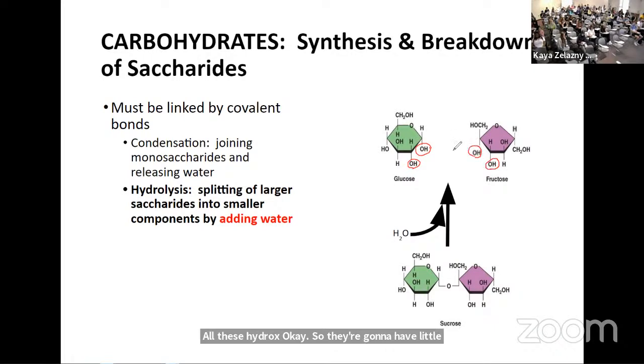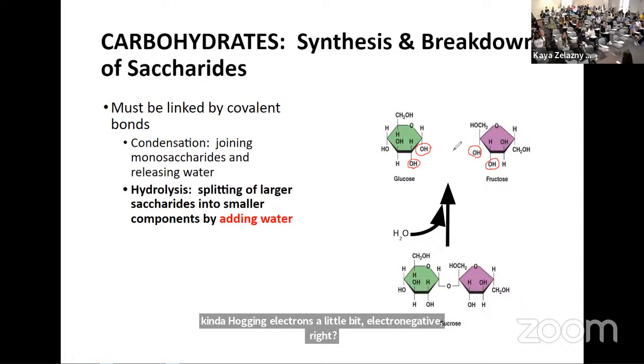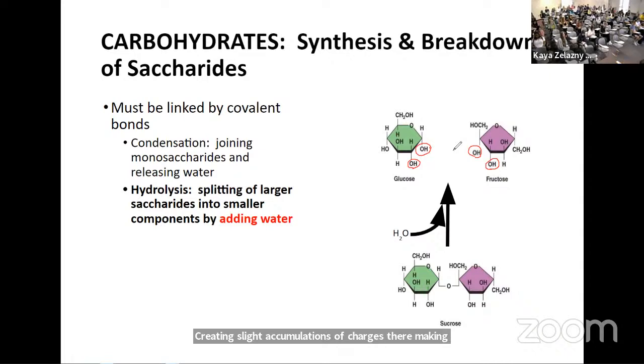I think of oxygen as just hogging electrons a little bit. It's electronegative, right? Creating slight accumulations of charges there, making these functional groups slightly polar, which is going to affect how they interact with the watery environment inside and outside our cells, our intracellular and extracellular environments.